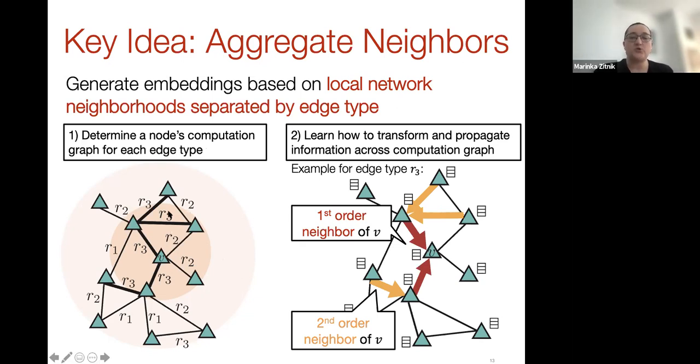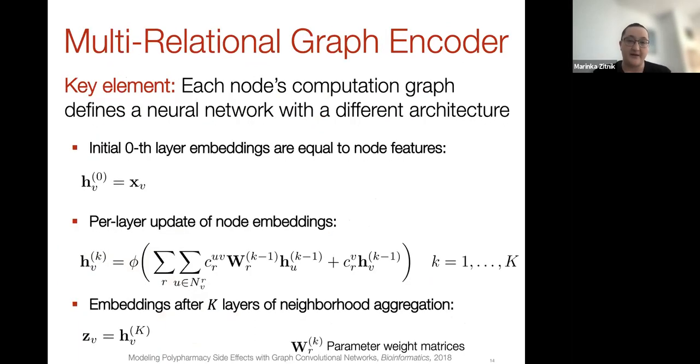And so once those computation graphs are obtained, then the graph neural network function F will learn how to effectively propagate and transform information, or neural messages, along the edges of those computation graphs. The process of that propagation and transformation of neural messages will yield embeddings.